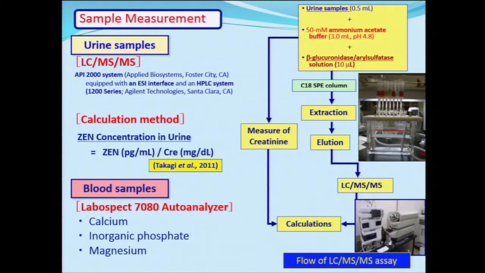In parallel, the urine creatinine concentration was measured to correct for the different urine volumes, and finally, Zen concentration was determined and expressed as the creatinine-corrected concentration using this formula. Measurement of serum mineral concentrations was conducted using an auto-analyzer.